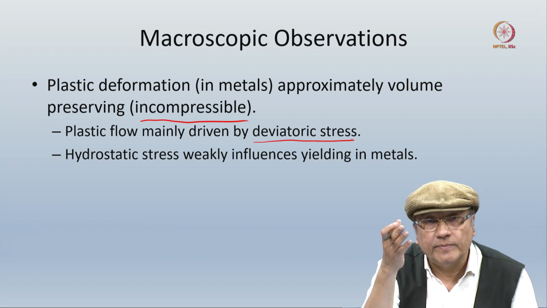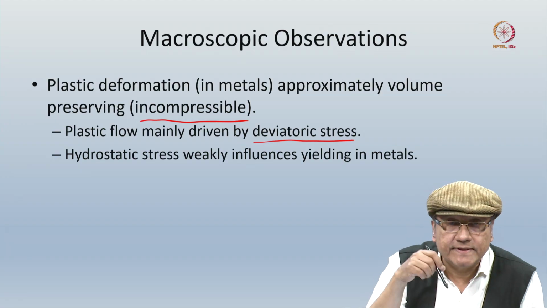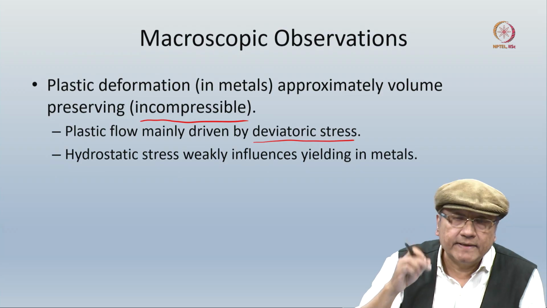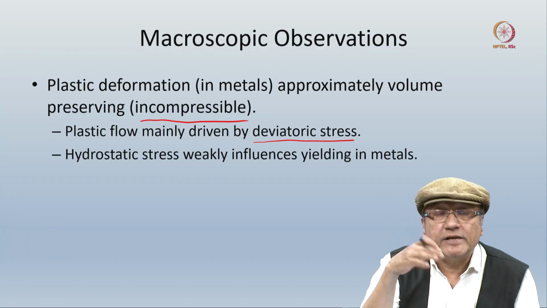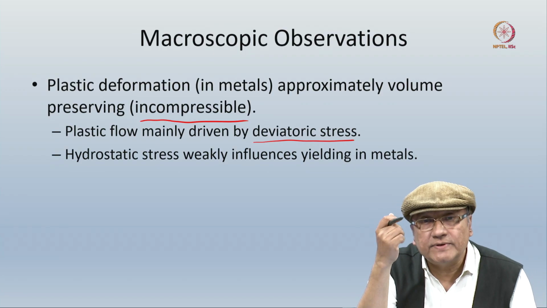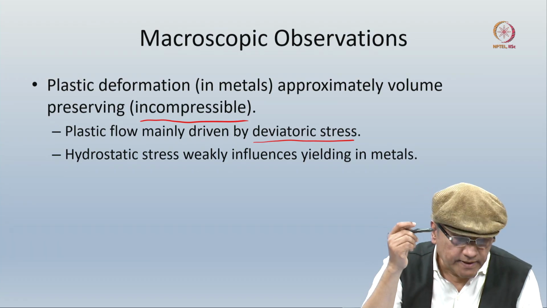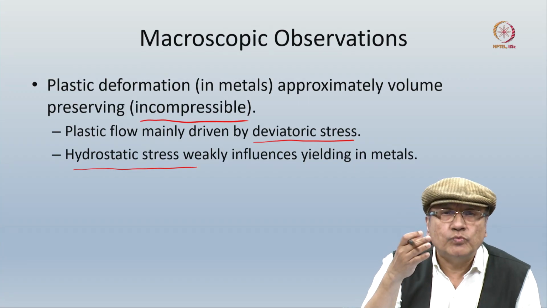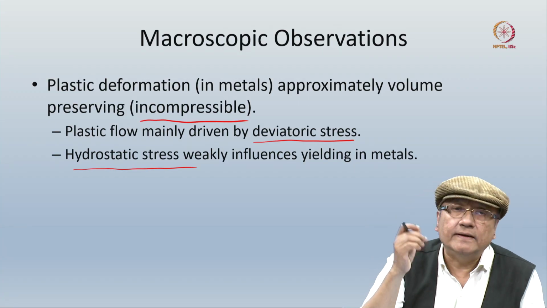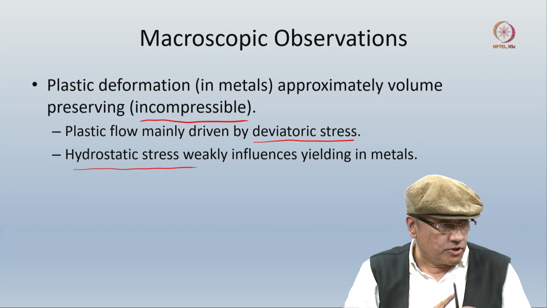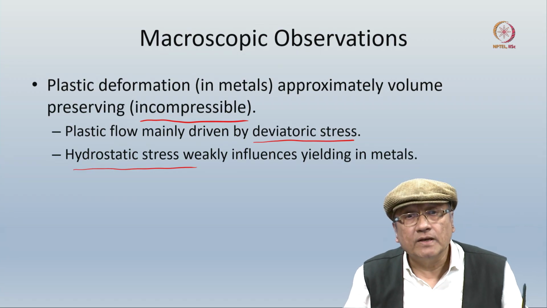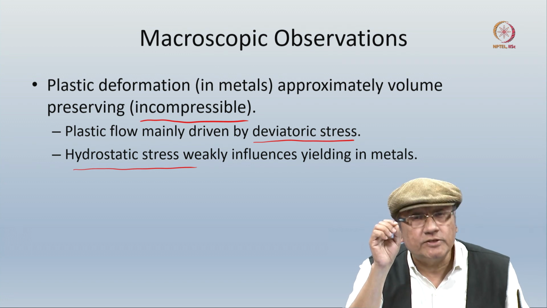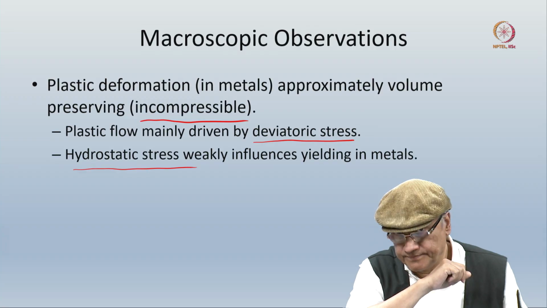To jog your memory, I will come to the issue of deviatoric stress once more. That means the trace of the stress tensor, the pressure part of it, may not really affect plasticity much. The pressure means the hydrostatic stress. This can at best weakly influence the yielding in such metals. So, in such cases, we must think of the driving force as the deviatoric part of the stress.